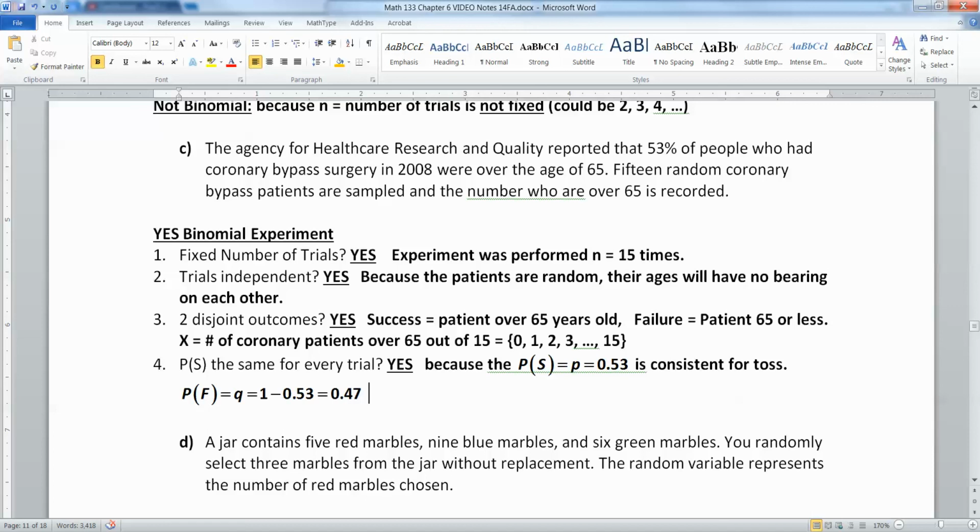And the probability of success is 0.53. So the chances of the patient being over 65 is 0.53. So the chances of being 65 or less is 0.47. And that's consistent for each patient, as that's the overall average from the study. Okay.